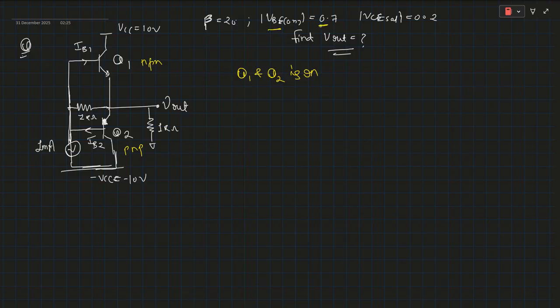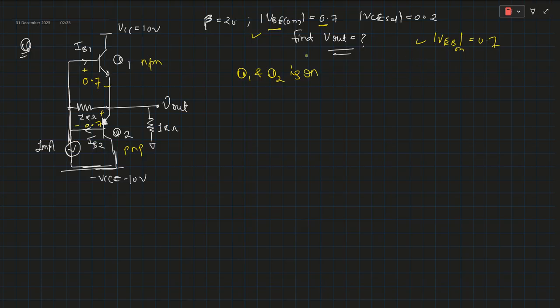The VBE on is 0.7 volt, and the VEB on is also 0.7 volt. So if Q1 and Q2 are on, then this voltage is 0.7, and if this is on, then this is also 0.7 volt, as mentioned in the question.